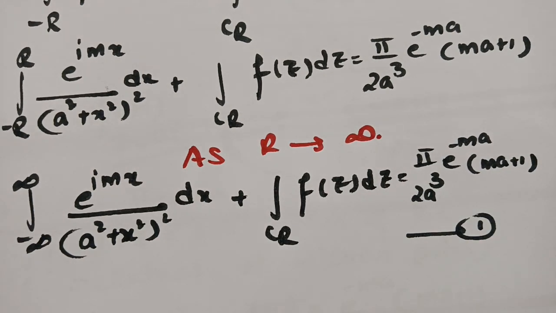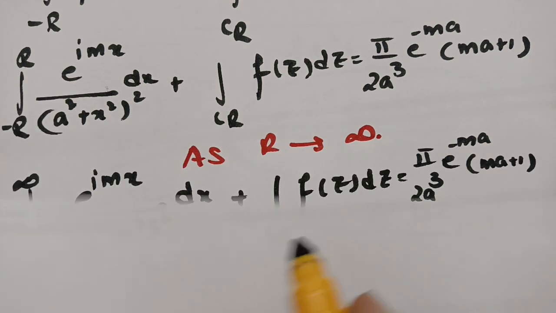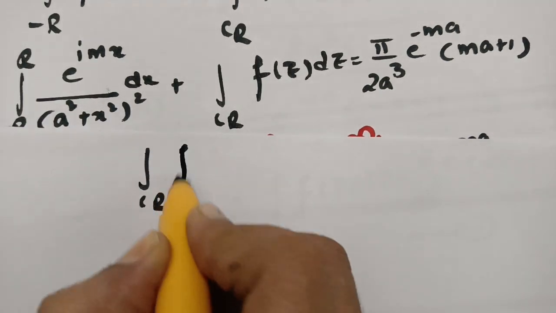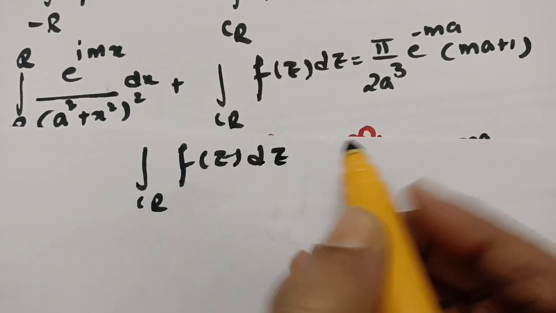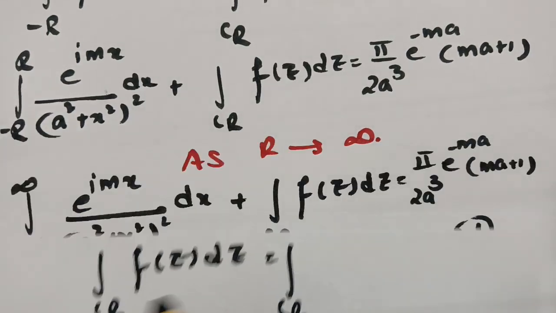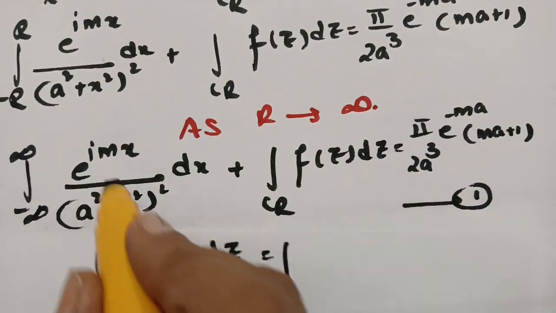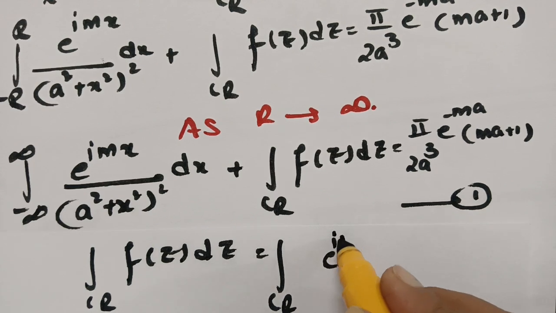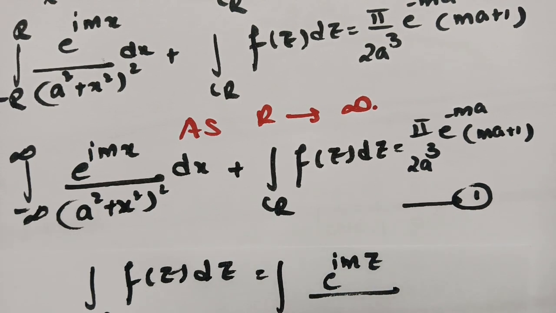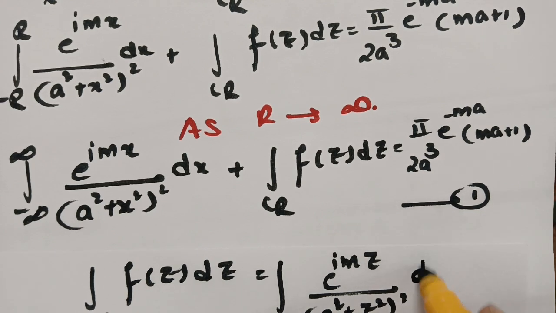Now I need to calculate this integral over CR of f of z dz. So the second integral here is the integral over CR of f of z into dz. So what will be f of z? In terms of z, I'm writing e power imz by (a square plus z square) whole square into dz.